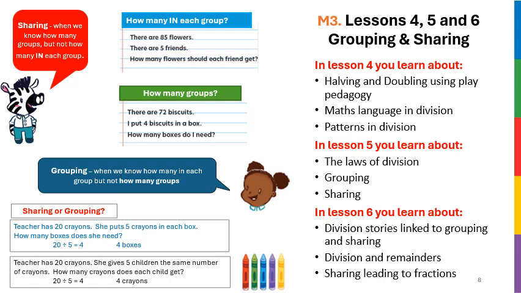But if those children, the 3 children, had 4 balloons, they would each get 1 balloon, but the 4th balloon could not be cut into equal parts because then it would break. So those are the types of situations children have to be exposed to. And of course, sharing leading to fractions also figures within lesson 6.